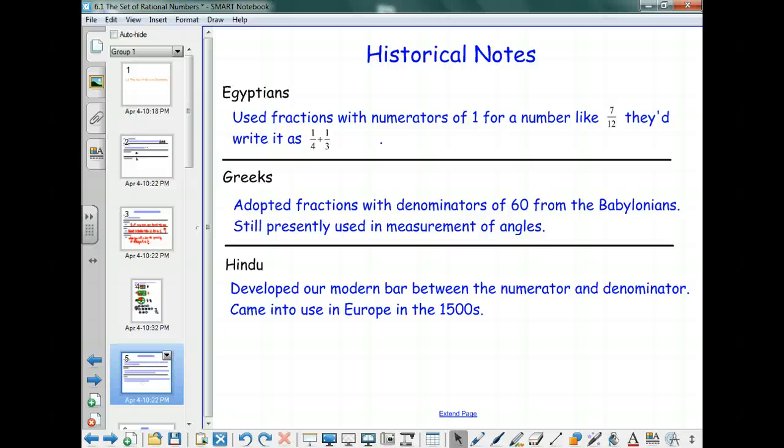The Greeks adopted fractions with denominators of 60 from the Babylonians, still presently used in the measurement of angles. So has anybody taken a trig class before, where you talk about angle measures and you do things with 60 degrees? The Babylonians did things with 60. If you've taken contemporary math or elementary math 1, we talk a little bit about the Babylonians, and they have a base 60 number system.